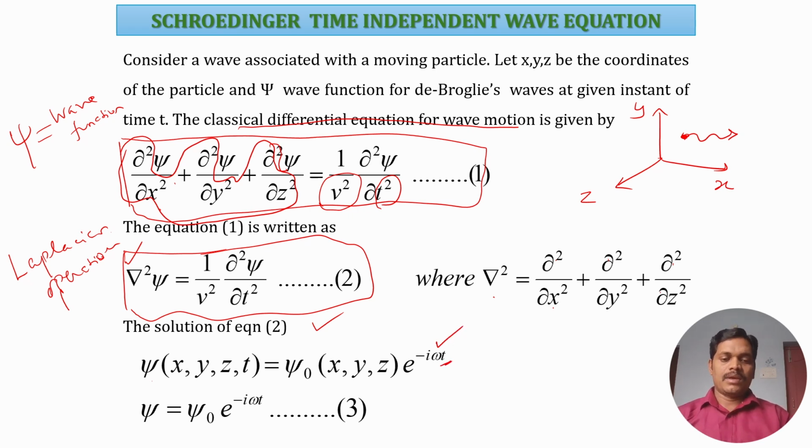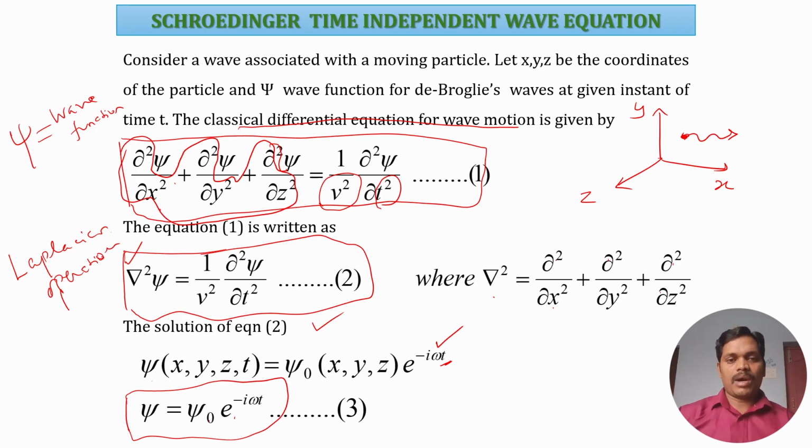So this can be written as ψ = ψ₀ e^(-iωt). This is also an important equation, and based on this, we have to derive the remaining concepts in detail.